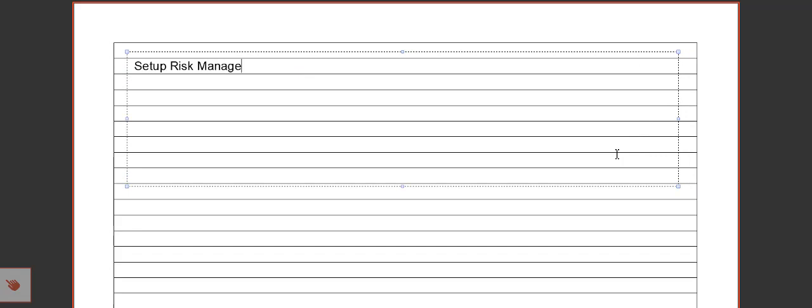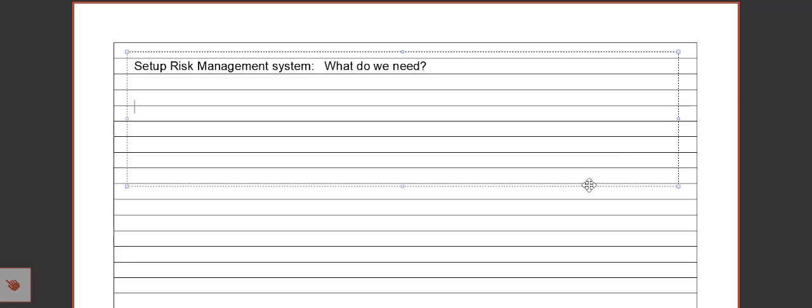Now, whenever we look at risk management, hold on, let me just get this. Okay, if you want to set up a risk management system, the question is what do we need? All right, so I'm going to run through the more basic things and the more important things that we need.